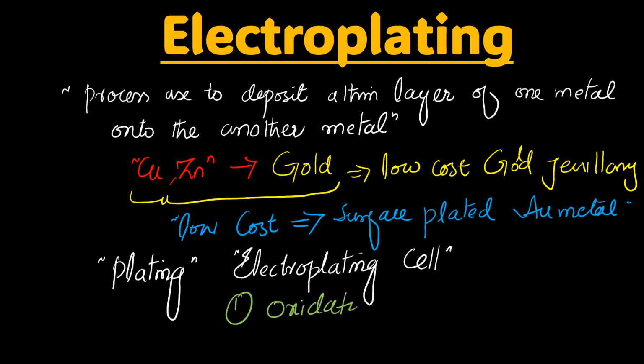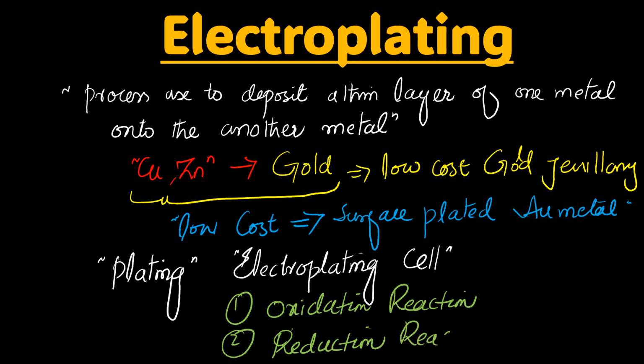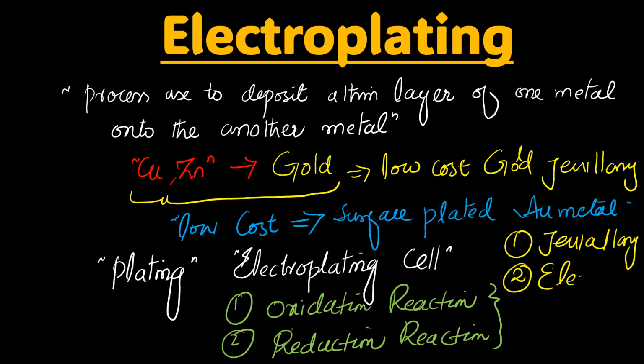One type is known as oxidation reaction, and the second type is known as reduction reaction. Common use of electroplating is in jewelry and electronic circuitry.